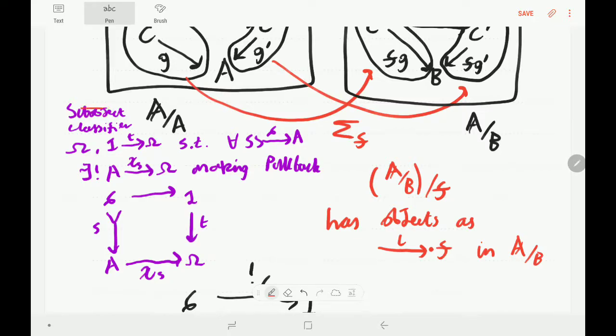So a subobject classifier is an object omega with an arrow t into it from the terminal object.